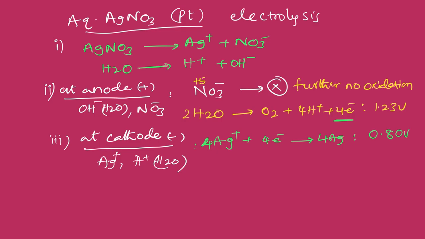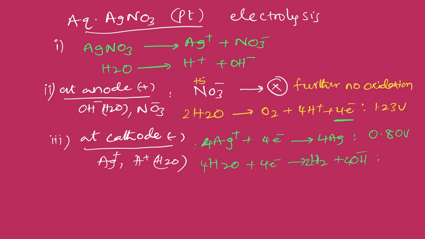Next one, if you take the water, then H2O and then 4 electrons convert into H2 and OH minus. 4 minus, 4 electrons, 4 minus, and 4 oxygen, 4 into 2, 8, then 4 already, then 4 here, 2 into 2, 4.